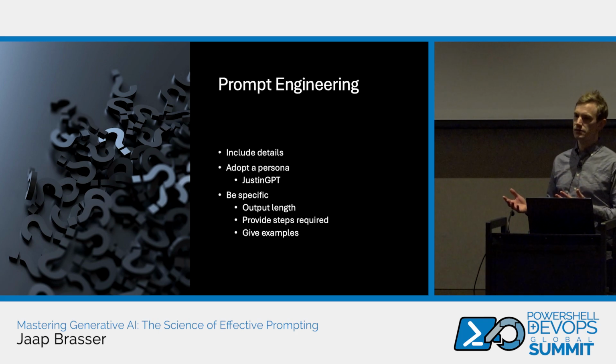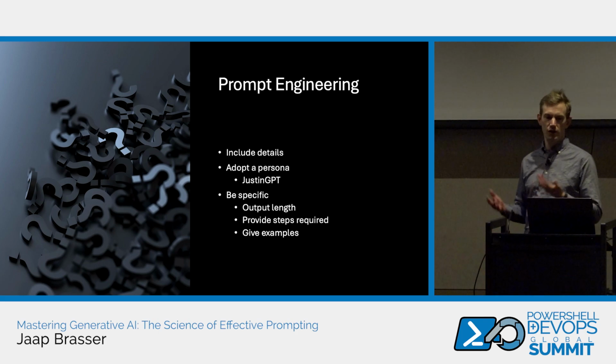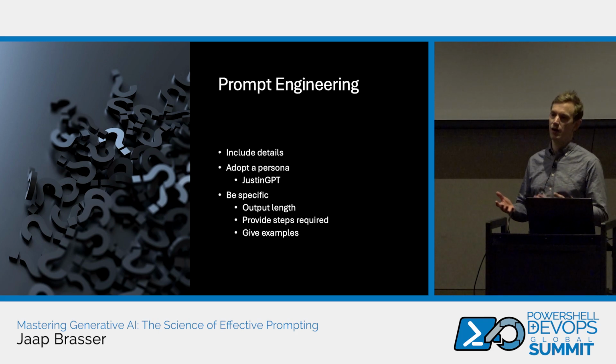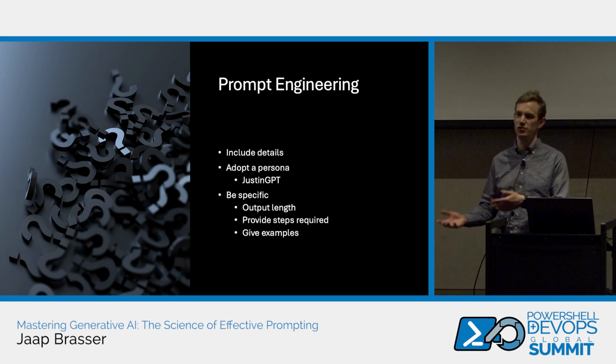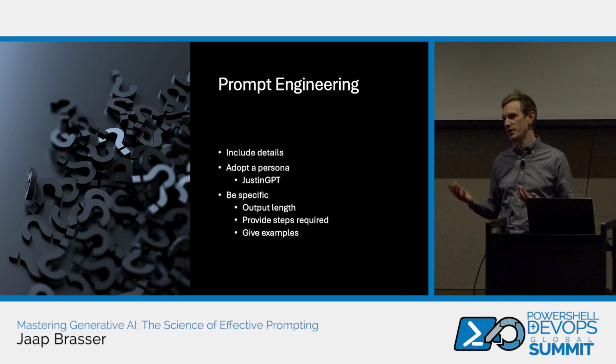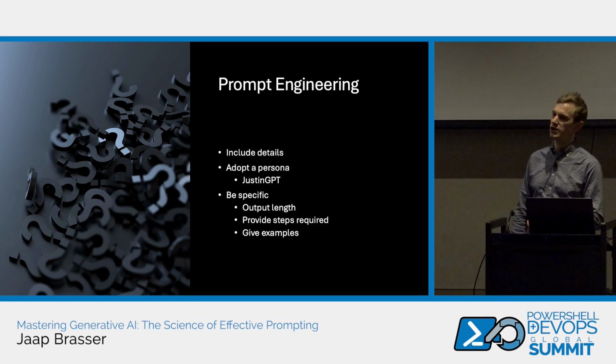Be specific. Not only be specific of what you want, but also be specific of what you expect to get out of it. If you're asking for a script, tell it how big it should be. Should it have parameters? Should it be an advanced function? Should it be a script file? Should it be a module? Also validate that it understands what you are asking it to do.